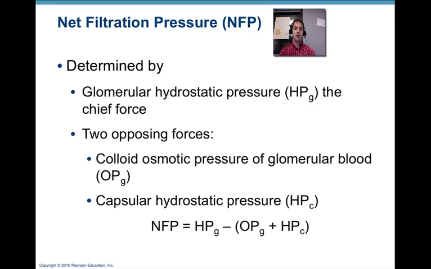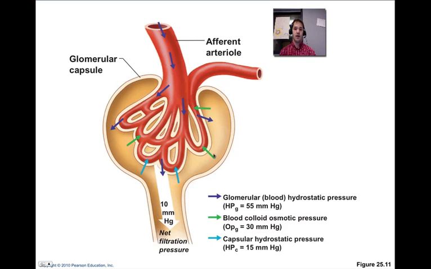The colloid osmotic pressure of the blood, the tendency of blood to want to suck solutes back in, and the capsular hydrostatic pressure, or the pressure of fluids in the capsule exerting pressure back on that membrane. And as you can see, to have filtration happen, glomerular hydrostatic pressure has to exceed blood colloid osmotic pressure and capsular hydrostatic pressure.